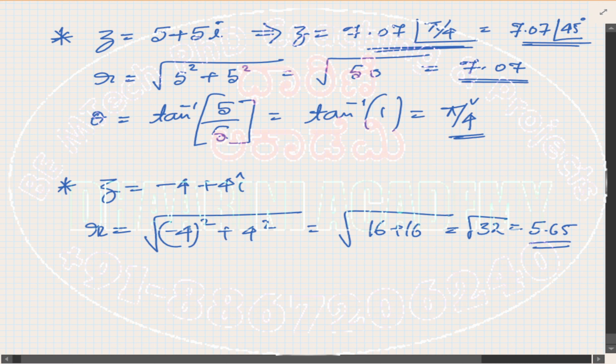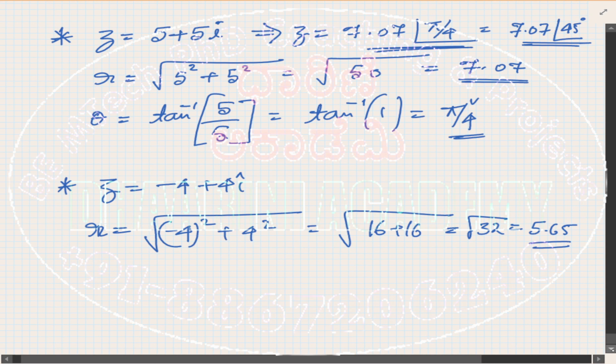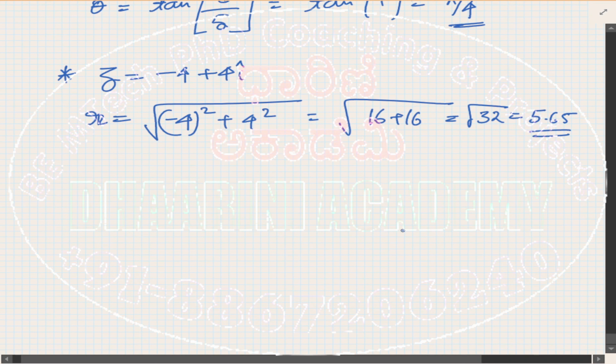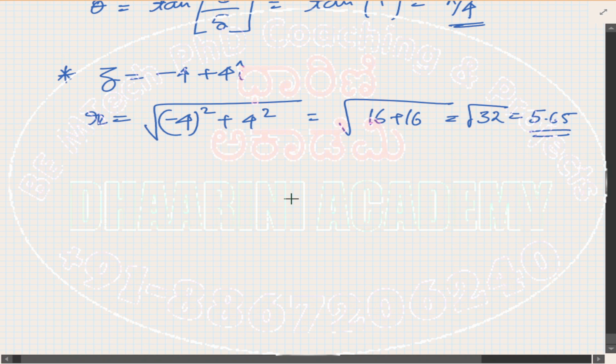But now remember, when we calculate the angle theta, there is a difference. The difference comes into the picture like this. Consider this minus 4 and 4i. Which quadrant do they lie in? I need to identify that first.